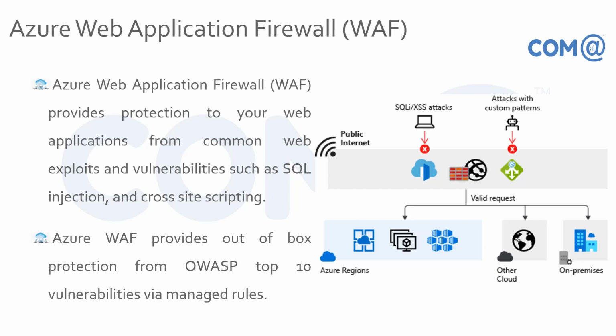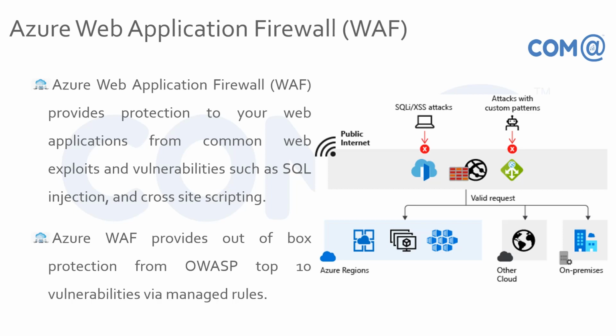Azure Web Application Firewall provides out-of-box protection from the OWASP top 10 vulnerabilities via managed rules. OWASP is Open Web Application Security Program. They mainly concentrate on web application and web server security.